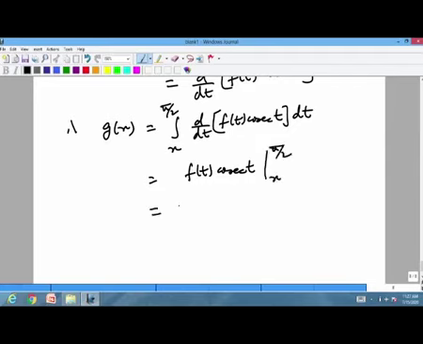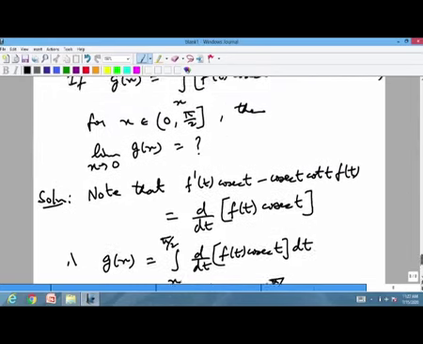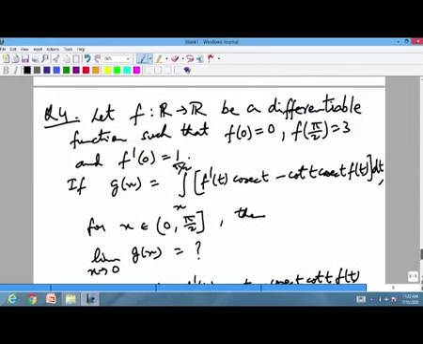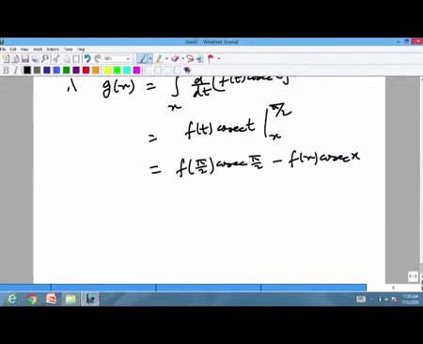So, that is equal to f of pi by 2 times cosec pi by 2 minus f of x cosec x. Now, f of pi by 2 was given to us as 3, and cosec pi by 2 is 1. So, this is 3 minus f x cosec x.